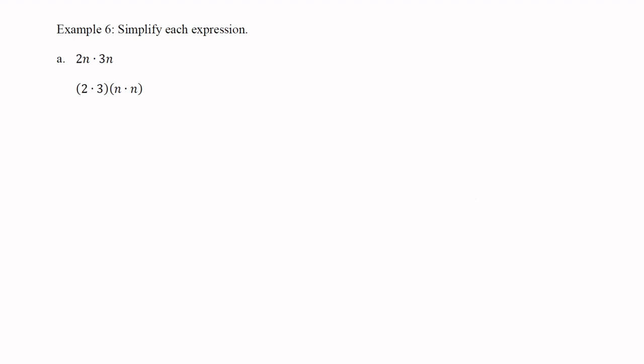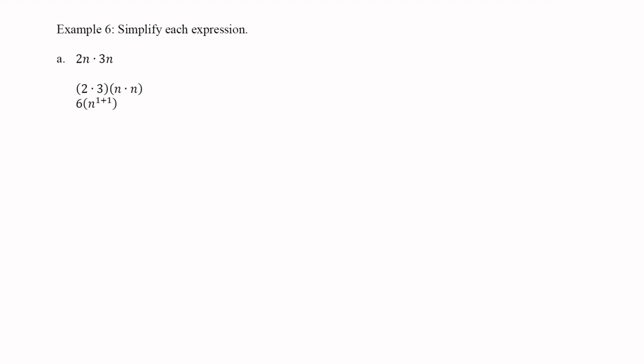If you remember, we have previously talked about the fact that we can multiply things in any order that we like, and it doesn't change the outcome. So here, we're multiplying our coefficients first, and then our variables. 2 times 3 gives us 6.